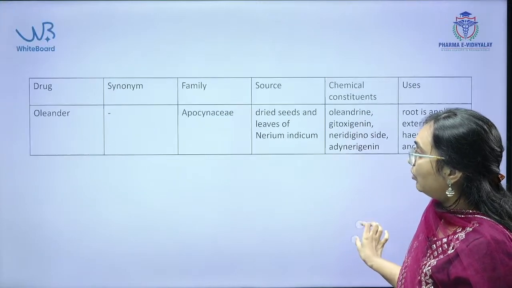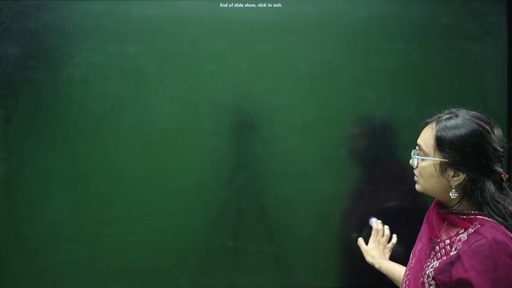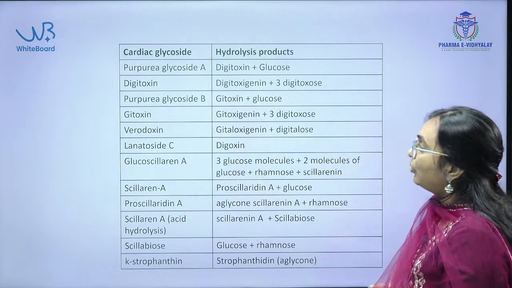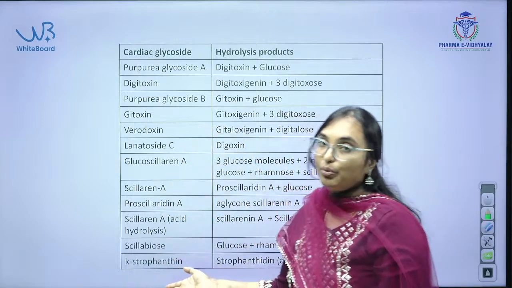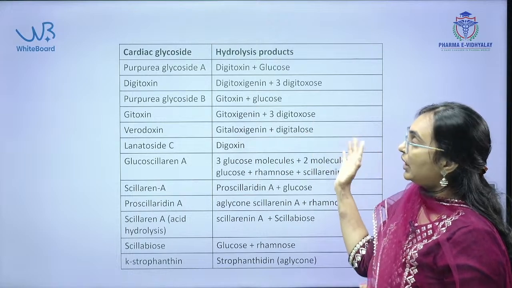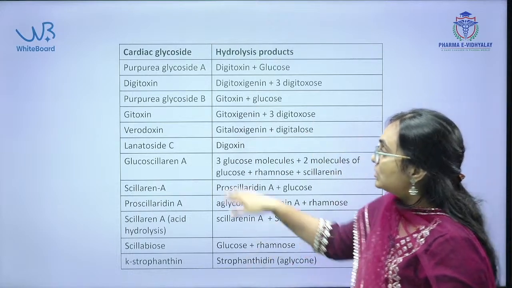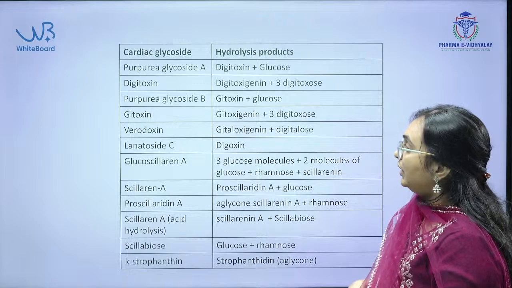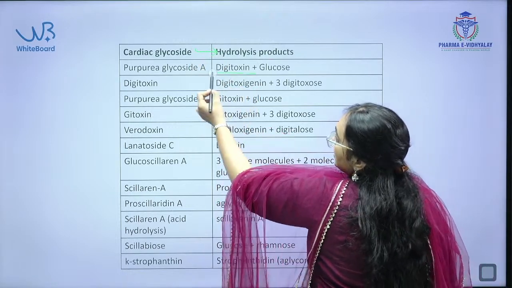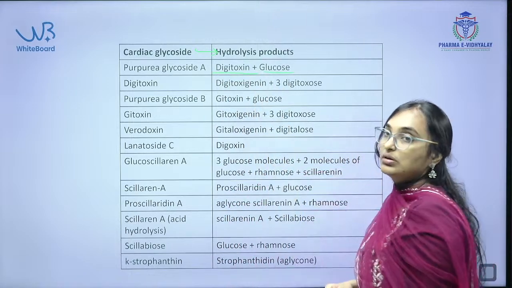Okay, now the only important point is this slide. So, what are the cardiac glycoside components? Hydrolysis products. Okay, sugar component, glycone part, aglycone part. First you see purpurea glycoside A. Purpurea glycoside A undergoes hydrolysis and gives digitoxin plus glucose.